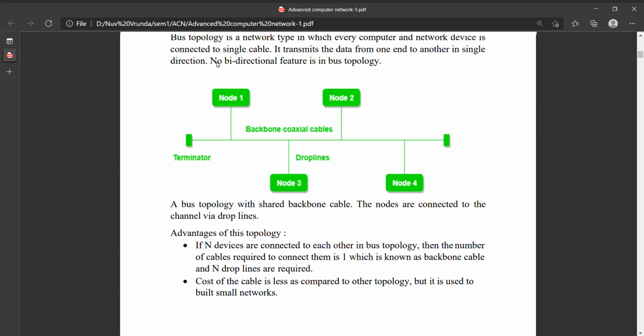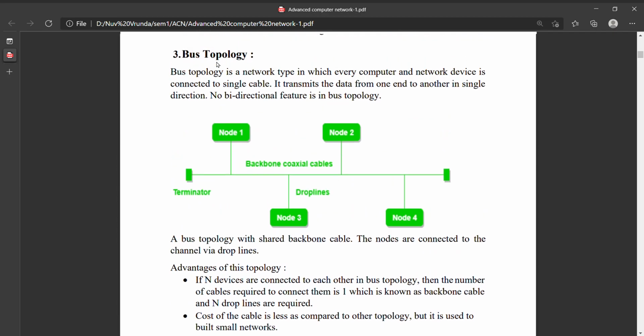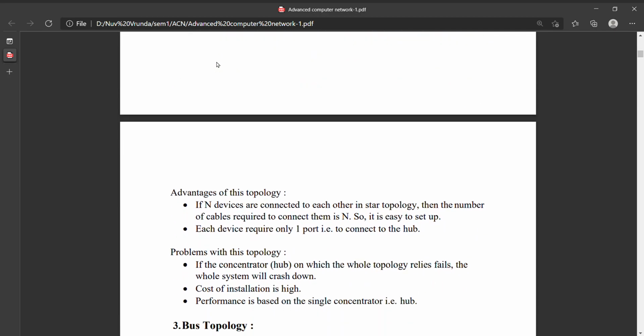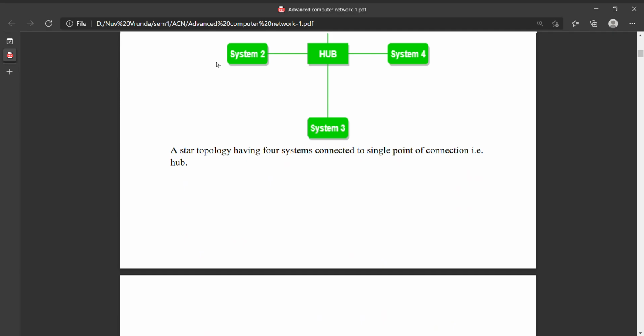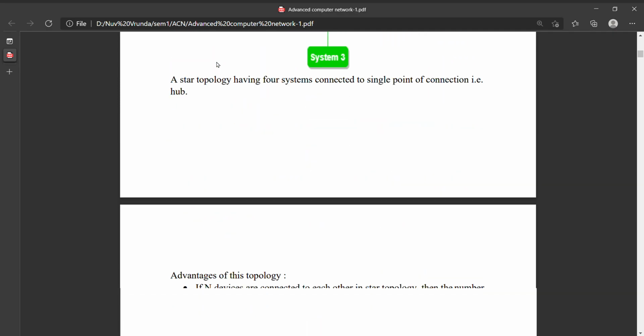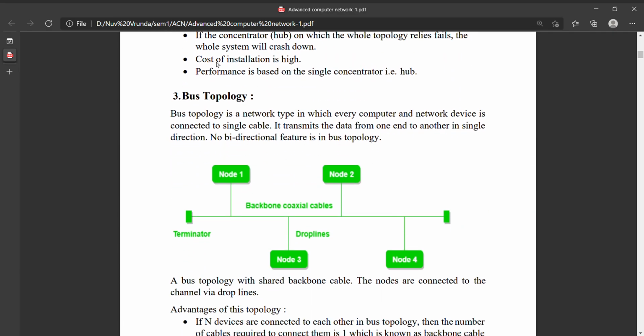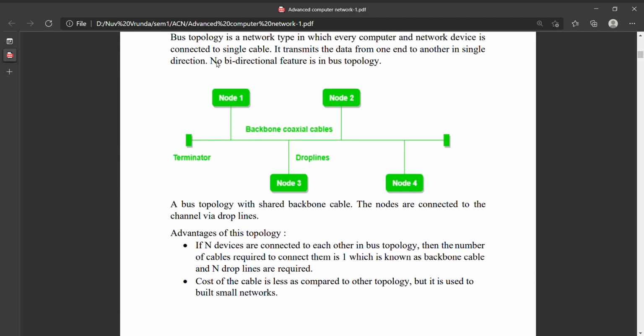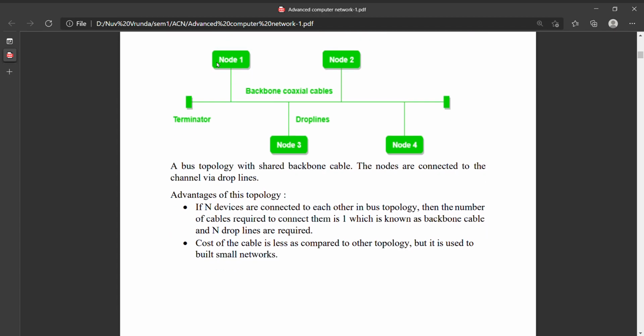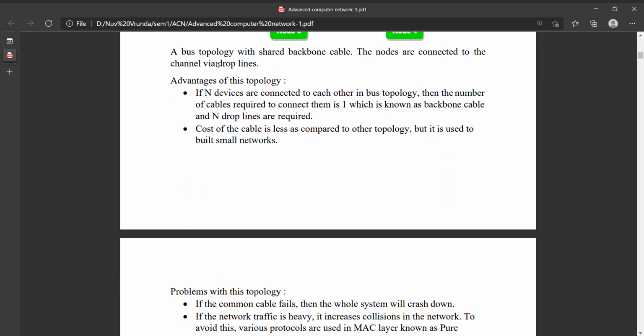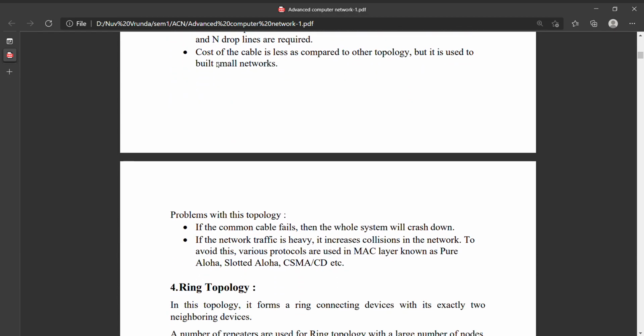As we know, in the previous star topology there is a hub, which is the heart of the star topology. Here it is the terminal or backbone cable, and if the backbone cable crashes, then we have a problem transferring data.